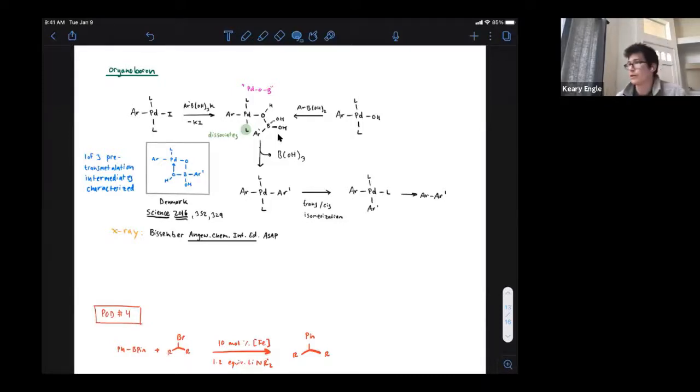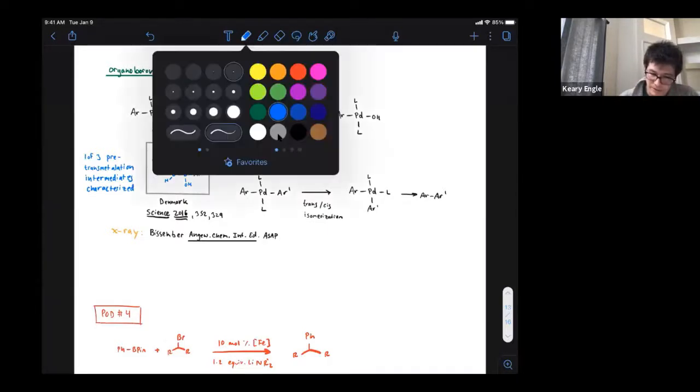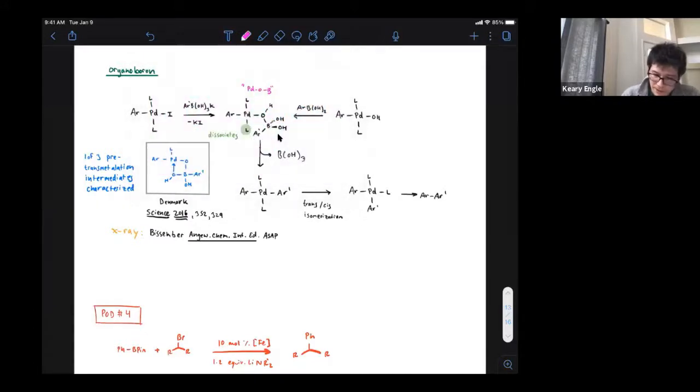The key discovery in this paper was the unambiguous characterization, for the first time, of this so-called Pd-O-B intermediate, which I have highlighted in pink here. Again, this type of thing had been proposed before, but proposing it and actually having evidence for it are two different things.